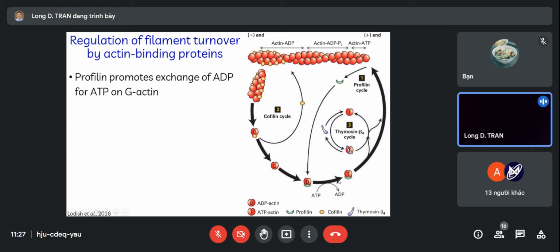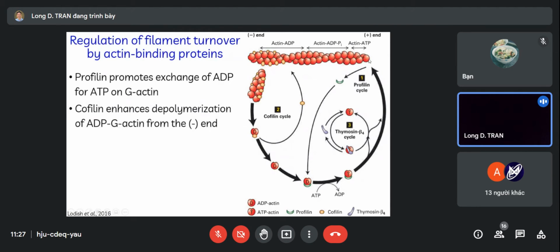However, profilin will prevent the random association between the ATP-actin to form a nucleus, and therefore it prevents random formation of actin. It only facilitates the formation of actin by interacting with formin at the plus end.